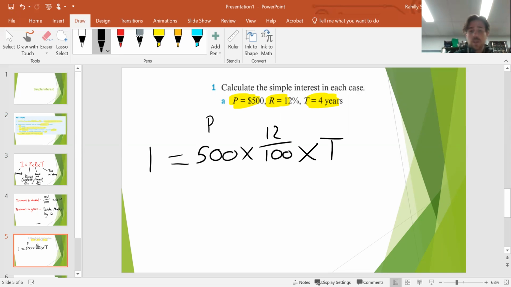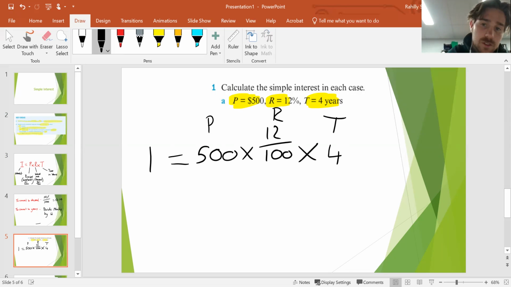T is 4. Just need your green calculator. 500 times 12 over 100 times 4.